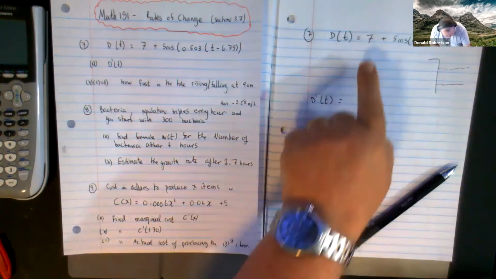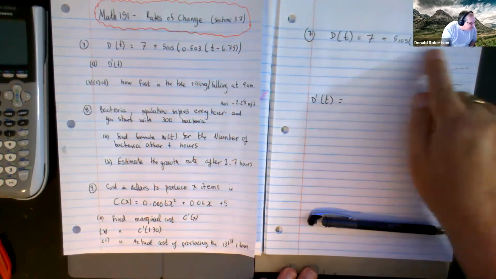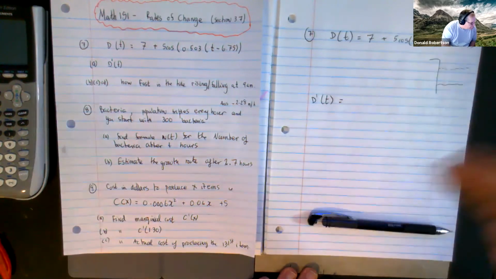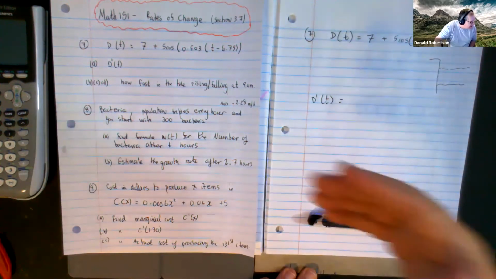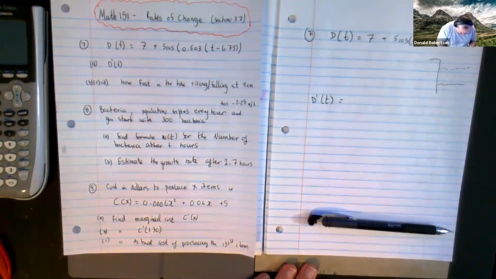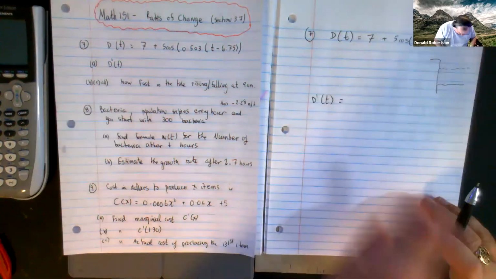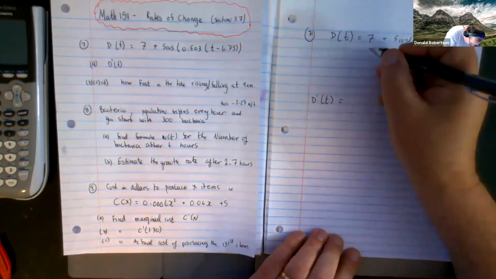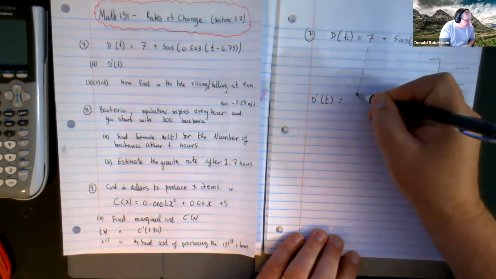The first thing you should do is not get distracted by ugly decimals, because ugly decimals are what you get in real-life formulas. You don't get 3t and 4x, you get 0.123 and all sorts of weird stuff. So I'm thinking of that as just a number, just like 2 and 3. So let's differentiate. If you differentiate the number 7, don't you get 0?